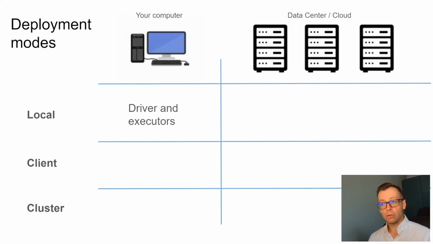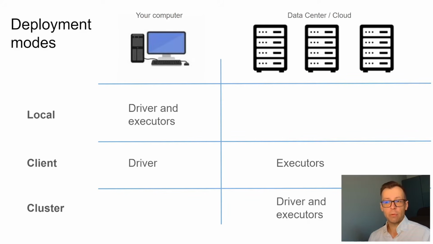A local deployment mode is something that allows you to install the whole Spark on your computer, driver and executor, and this setup is mainly for playing around, testing, debugging, maybe you want to develop something in such a setup. The second deployment mode is you can have a driver on your computer and executors in the cloud or in the data center, and this setup is good for developing, testing, maybe interactive applications, but requires a good network connection between your computer and the data center.